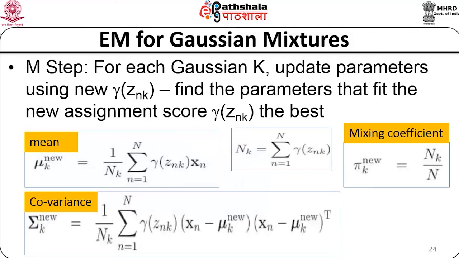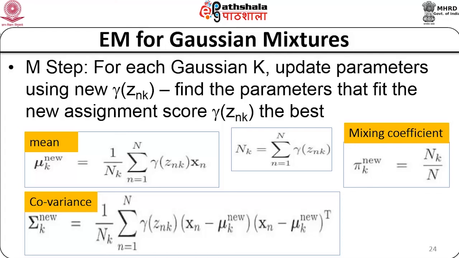So, in the M step, for each of the Gaussians k, you will update the parameters with the new values. So, the mu value will change, the covariance value will change and the mixing value will change. How does it change? You take the mean as the normal calculated mean, and nk is the total value of the score, and for the mixing coefficient you just say nk by n, and for the covariance you take the old versus new and the transpose of that.